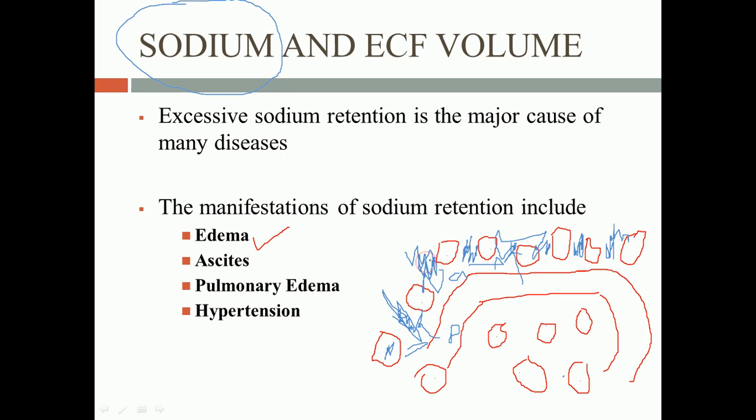This accumulation can happen if there is sodium retention, meaning sodium will be retained within the ECF. Ascites, again, is the accumulation of water in the peritoneal cavity.